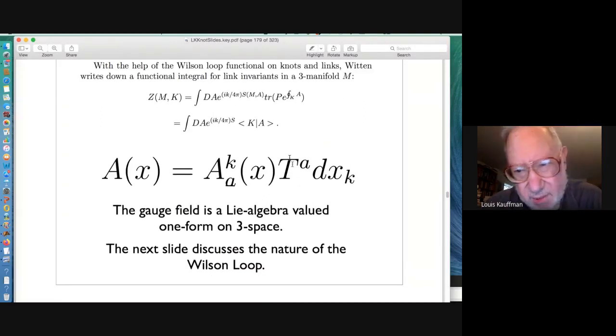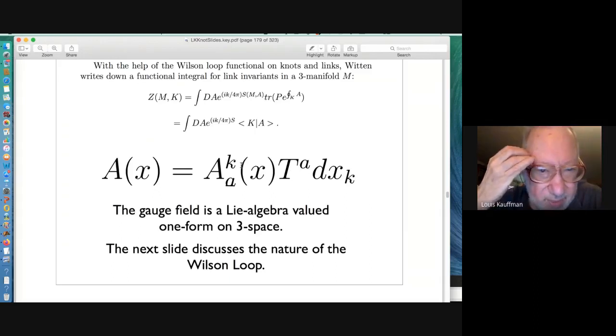Now, what does the gauge field actually look like? Well, it looks like this. We have dx1, dx2, and dx3, the three directions of space, infinitesimal space directions. We have a collection of matrices, T1, T2 out to Tn, which are a basis for the Lie algebra. So you might have Pauli matrices if you were doing SO(3). And you have some functions that are dependent upon the two indices of Lie algebra and space.